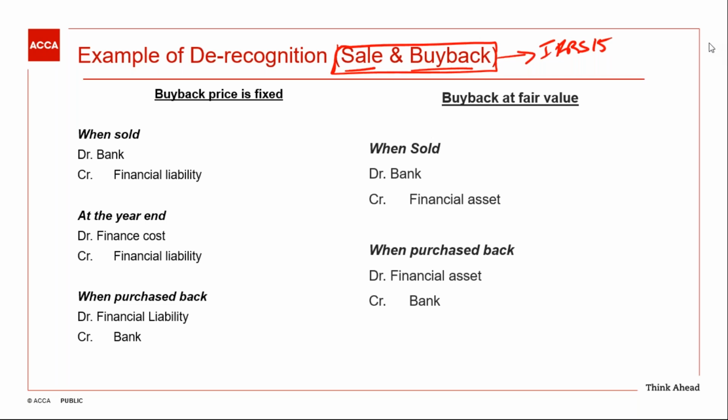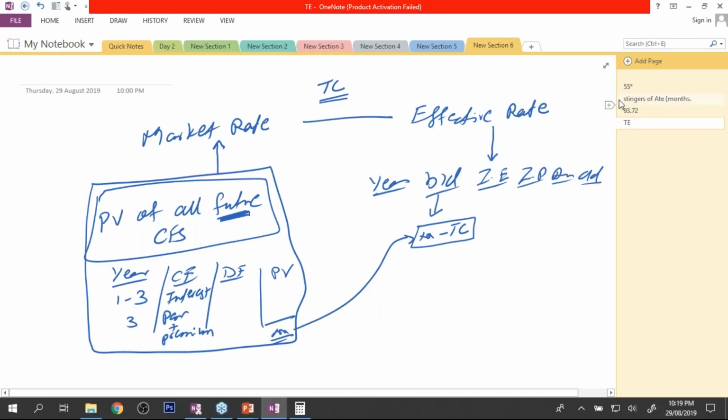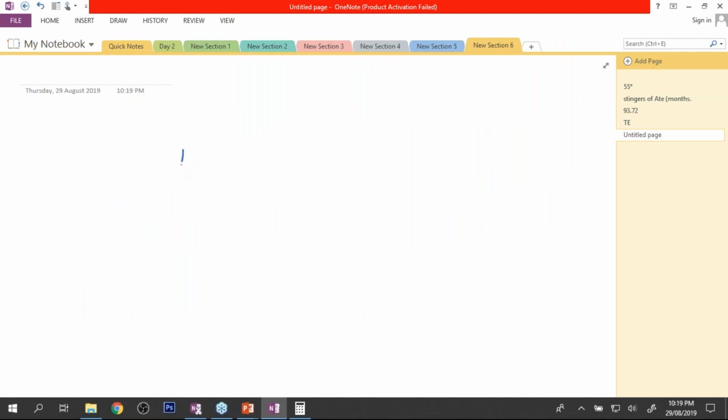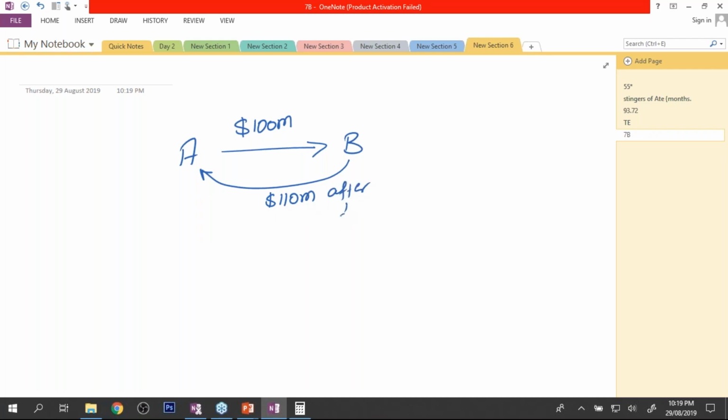Suppose we are party A and we go to B and sell a financial asset to B for $100 million, with an agreement that we are going to buy this financial instrument back for $110 million after 1 year. This means that we have a sale and buyback agreement with B.